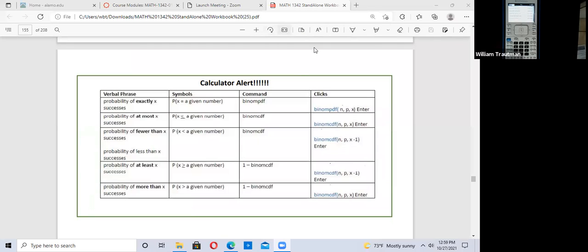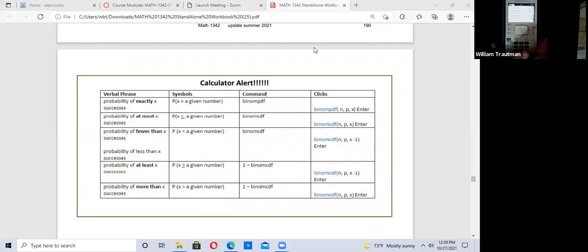So when I do that probability, I get 0.055 if I round it to 3 decimal places. This is the probability that x is greater than 7.